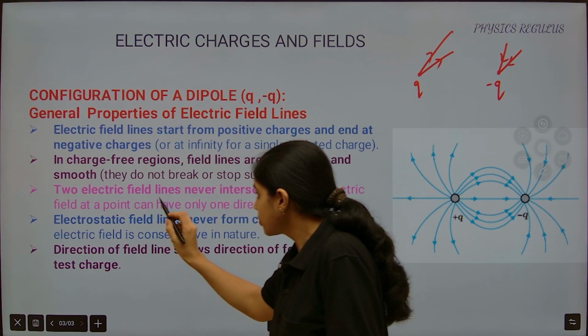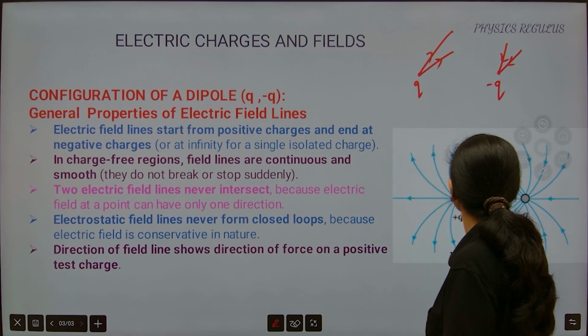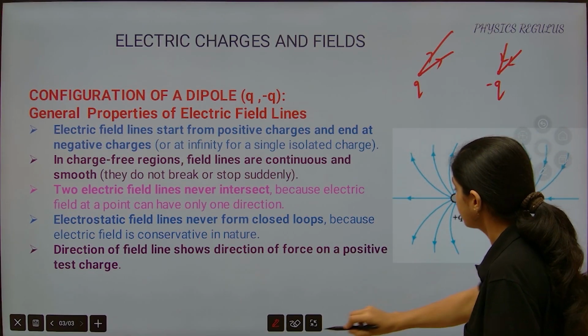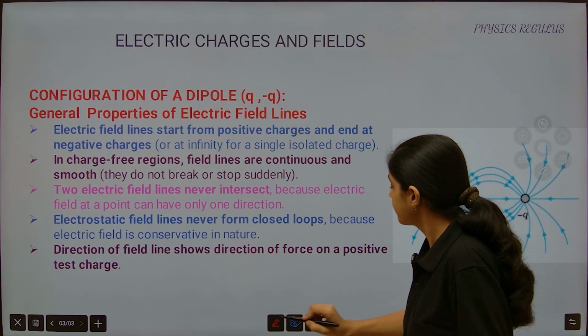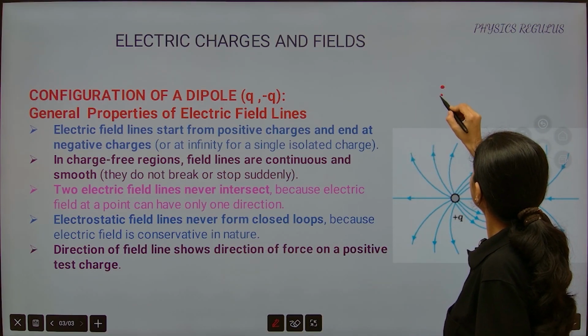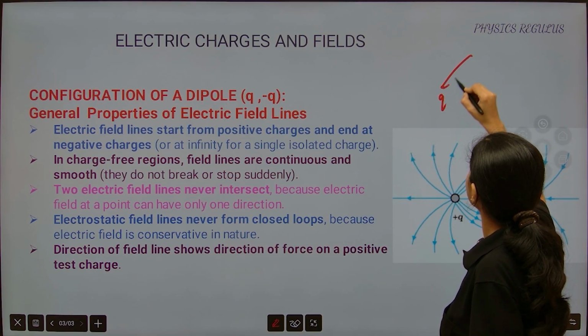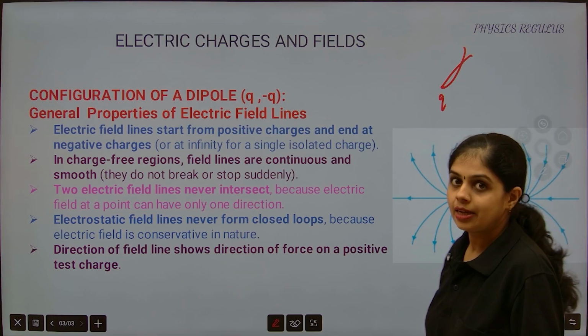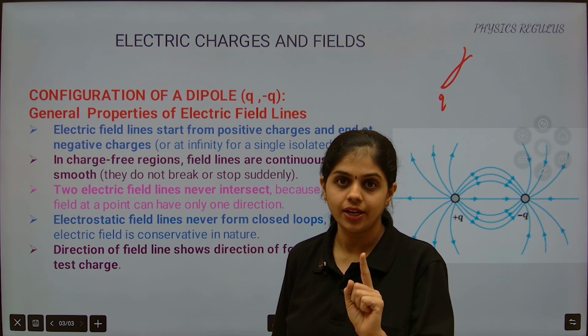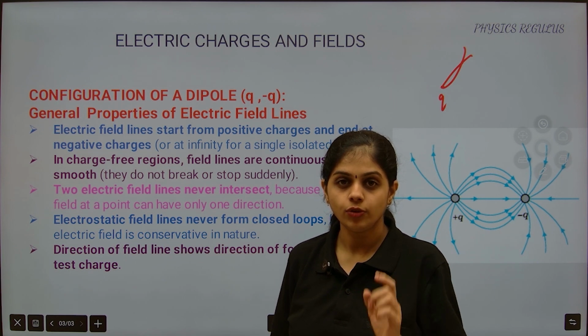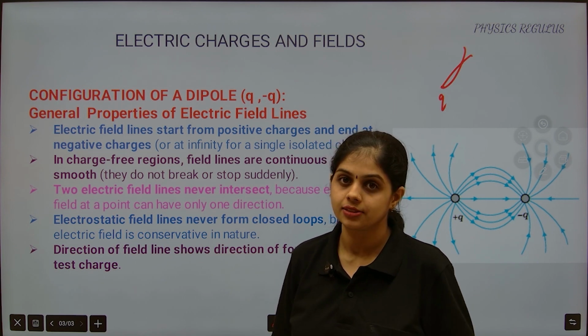And two electric field lines never intersect. You cannot draw intersecting lines like this, because at a point electric field has only one direction. So we cannot draw intersecting lines.